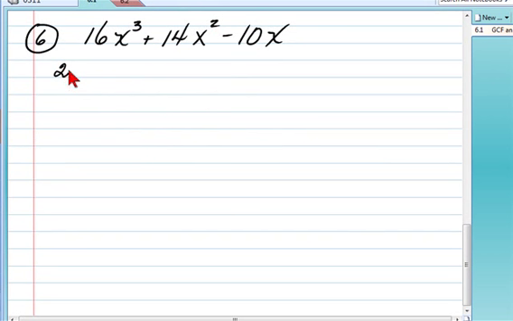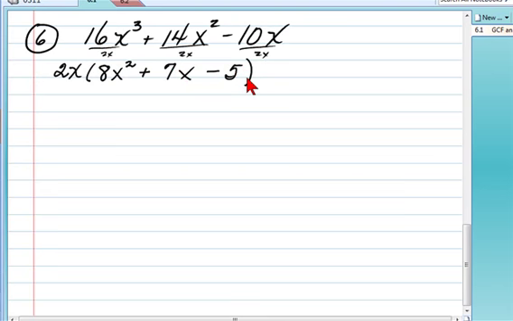Is there a common variable? X. Can I take anything more than just plain old x to the 1st? No, because that's the low power. You cannot take more than the low power. So I'm going to divide each of these by 2x. That will give me 8x squared plus 7x minus 5.